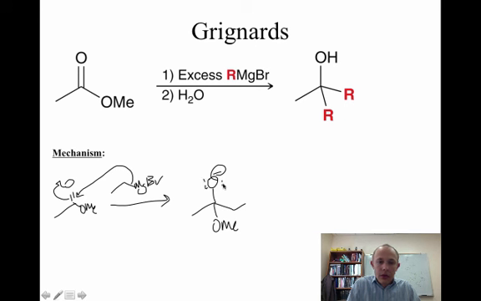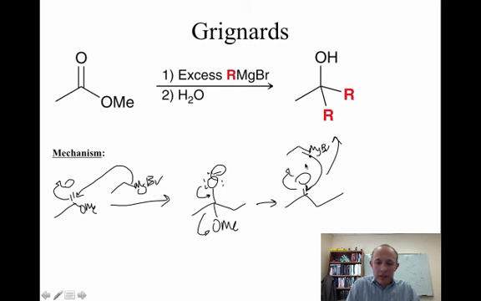Reformation of our carbon-oxygen double bond initially gives a ketone, and then the ketone can undergo a second addition of ethyl magnesium bromide, which is going to give this, which upon treatment with water gets protonated to give our alcohol.